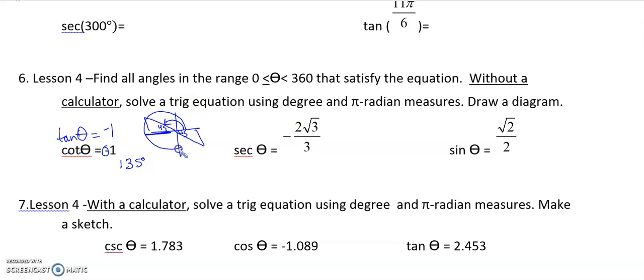And we need to name this angle, which is 45 degrees from 360, which is 315 degrees. So each of these will have 2 angles. Determine what the main function is, sine, cosine, or tangent. Decide whether the value is positive or negative, then determine what your reference angle is and name the 2 angles.